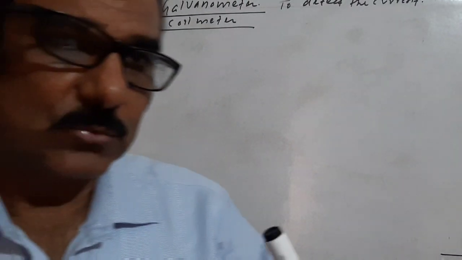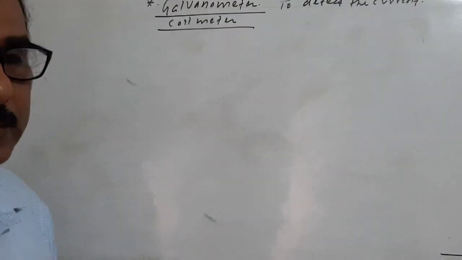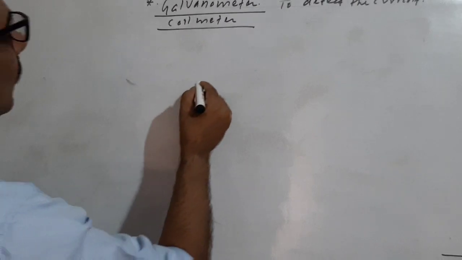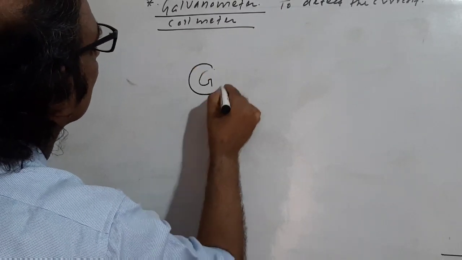But today I am going to discuss how a galvanometer, a coil meter, can be converted into an ammeter.